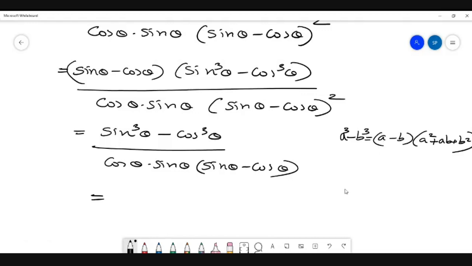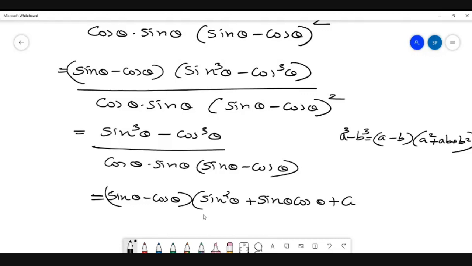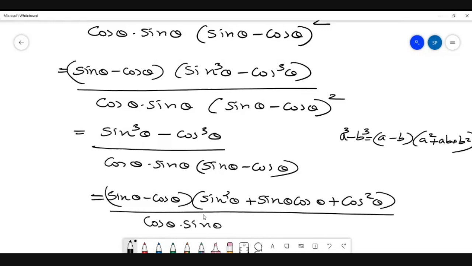So using the same expression, we can simplify this as a minus b into a square plus ab plus b square whole divided by cos theta into sin theta minus cos theta.